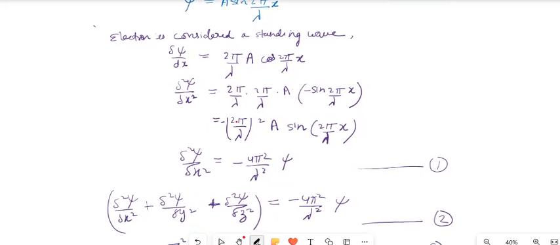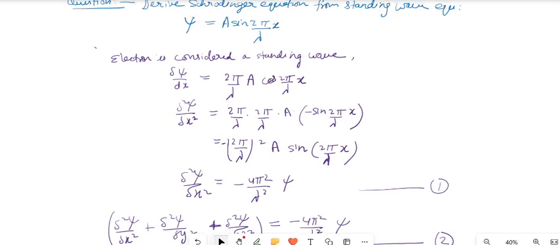Solving it, we get minus 2 pi by lambda whole square into a sine 2 pi by lambda into x. Now a sine 2 pi by lambda into x is equal to psi, so we replace it with psi. So dou 2 psi by dou x square is equal to minus 4 pi square by lambda square into psi.